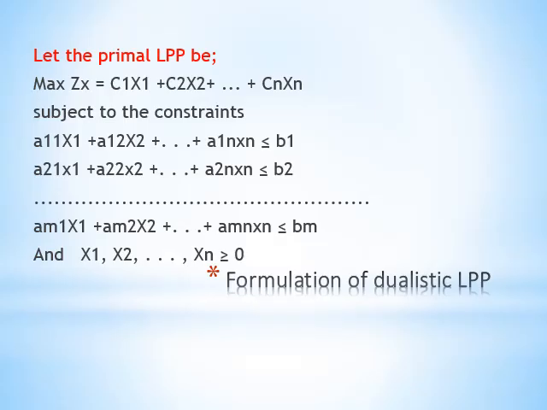Maximization: max z equals c1 x1 plus c2 x2 plus up to cn xn.